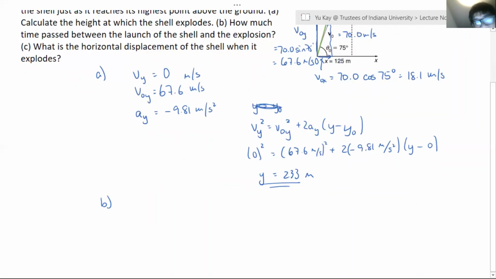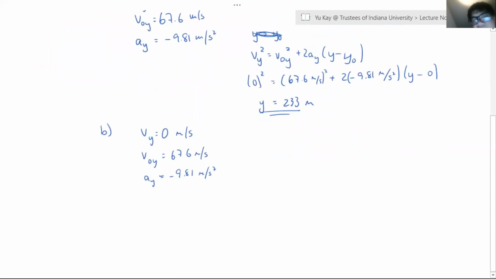Part B, okay, again, I know that Vy has to be 0 meters per second. I know V0y is 67.6 meters per second, and ay is minus 9.81 meters per second squared. And this time I want t. The equation that's best suited, in my opinion, is Vy equals V0y plus ay times t.